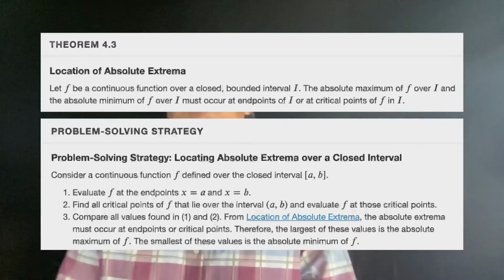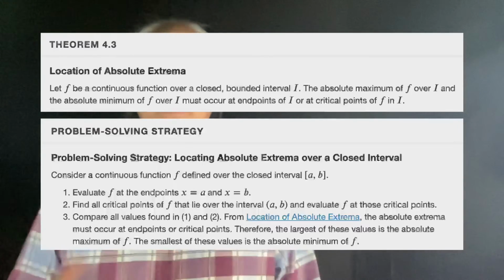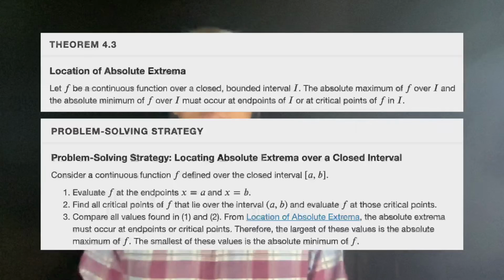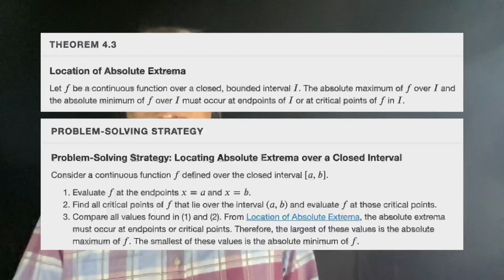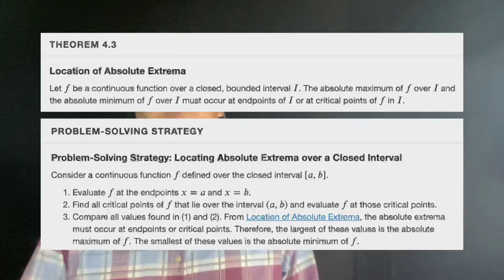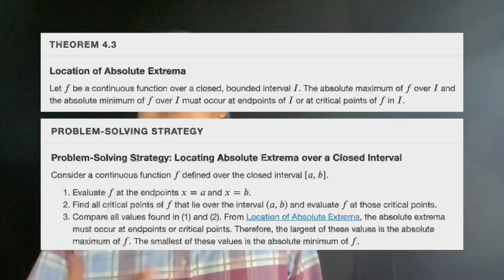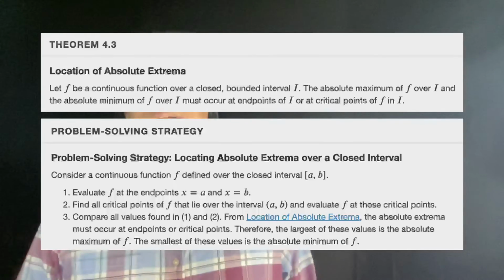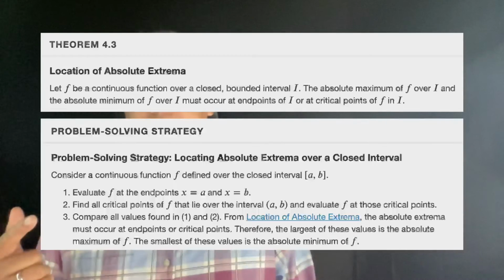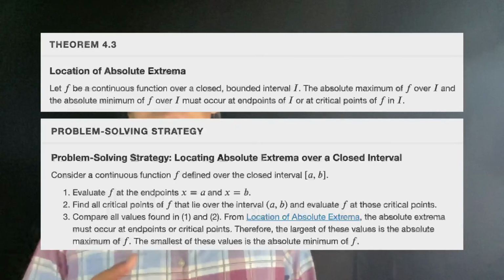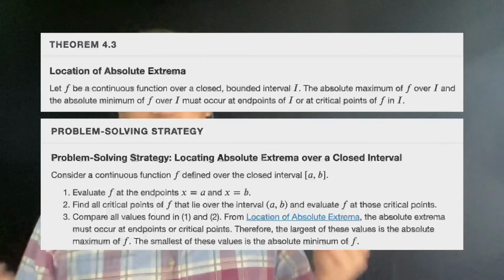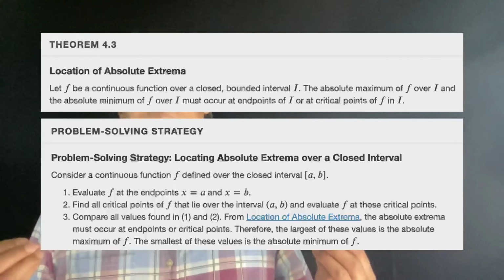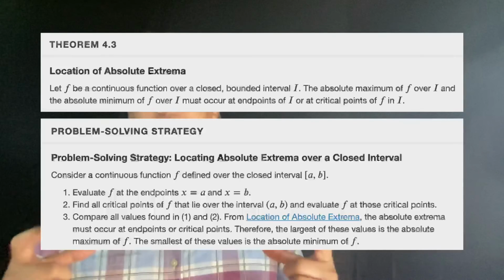Finding the absolute max and mins over a closed interval using the extreme value theorem is going to be helpful for us. Once we've defined our critical point, we can find absolute max and mins. And we actually have an algorithm here, a problem-solving strategy. First we evaluate the endpoints, because this is happening on a closed interval.